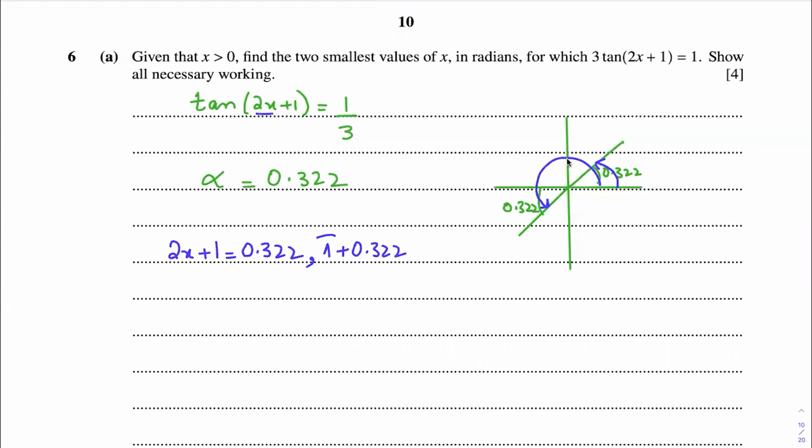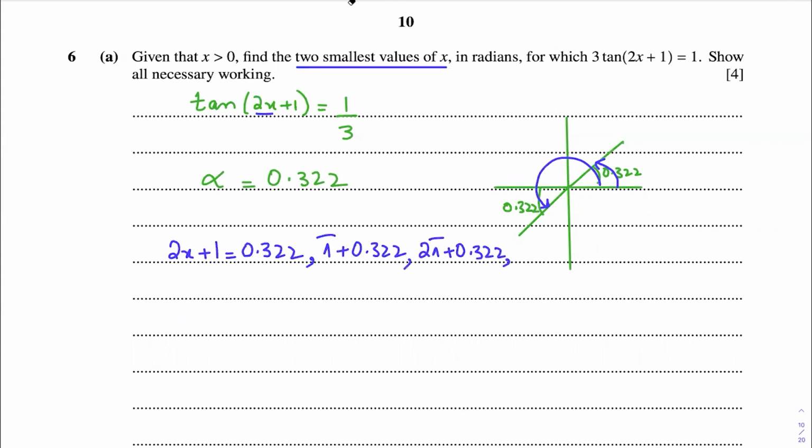As it is 2x, we'll add 2 pi to both our answers. So this will become 2 pi plus 0.322 and 2 pi plus 0.322. But as it says, we have to find the two smallest values of x. So what we'll do is we'll write 2x plus 1 is equal to 0.322.